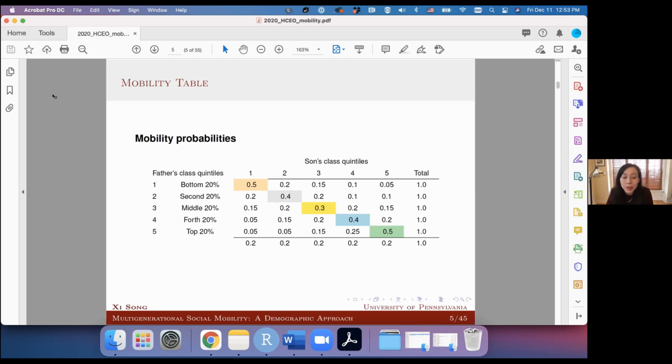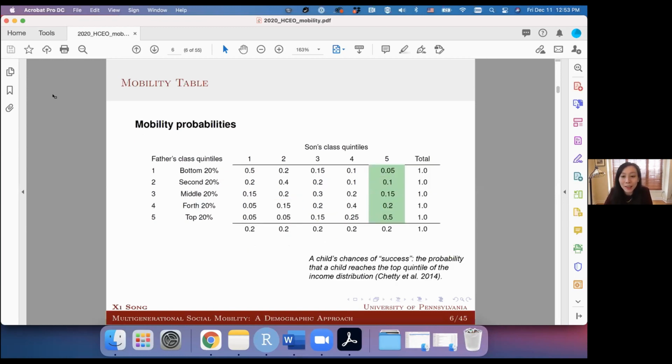So you present parents as the rows and offspring as the columns, and the row marginals add up to 1. That tells us the probability conditional on parents' socioeconomic status. What's the probability that an offspring will stay in the same social class as his or her parent, or will flow to a different social class?